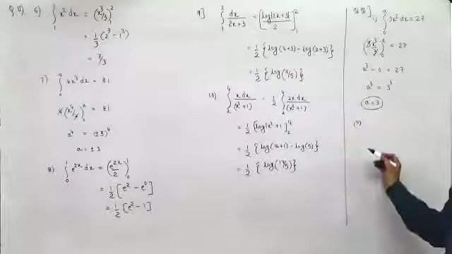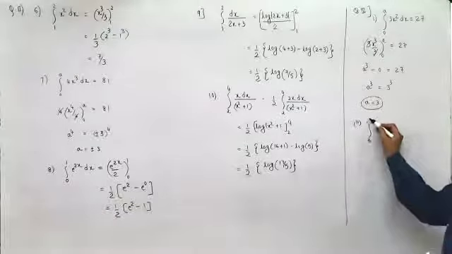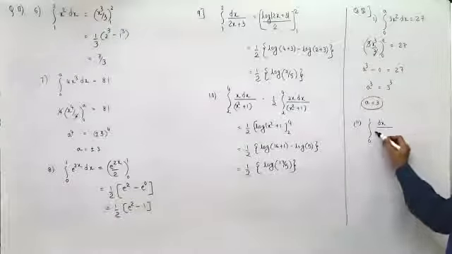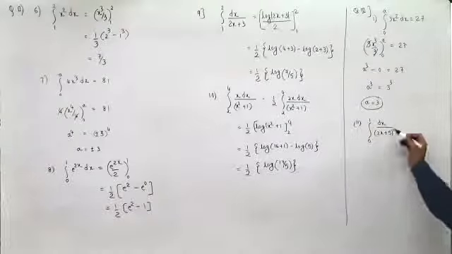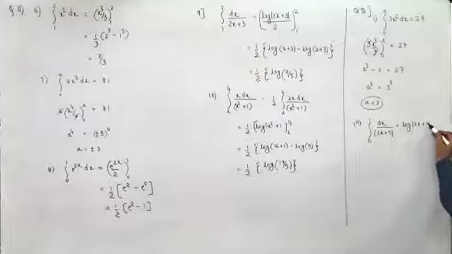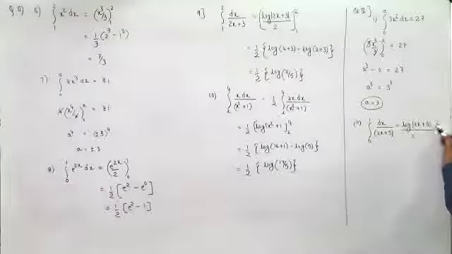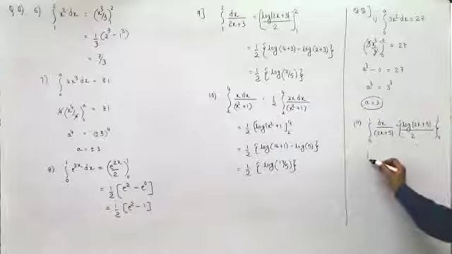Next, 1 upon 2x plus 5 between 0 and 1. This can be treated as x. 1 upon x would be log x divided by the x coefficient, between 0 and 1. Take a half out.